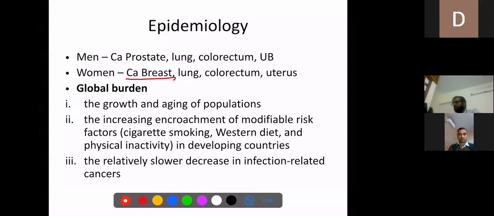In men, there is only a marginal difference; it depends on country-based studies, and the global burden is not given accurately in any of the literature. Previous literature says that a decade ago lung was the most common cancer in men, followed by CA prostate. Nowadays, most of the literature commits that CA prostate seems to be the most common cancer. This is not going to be an absolute number.